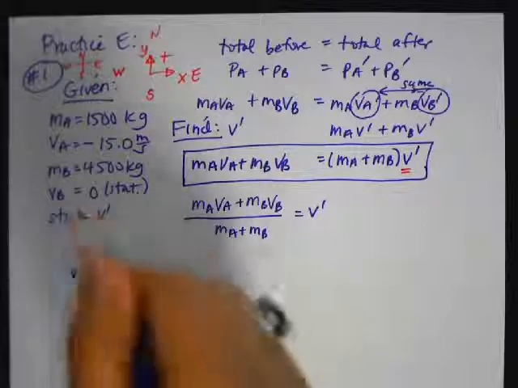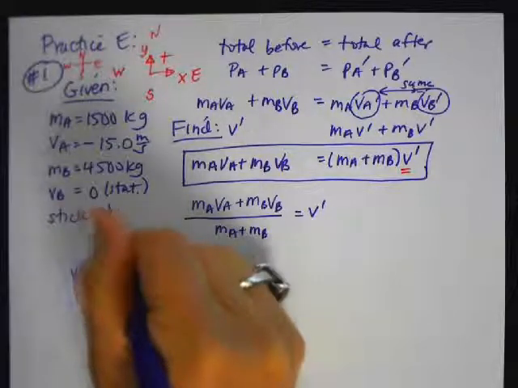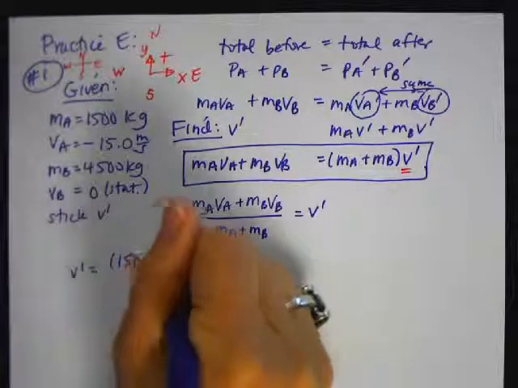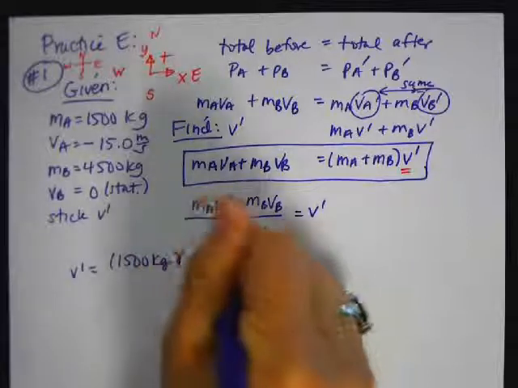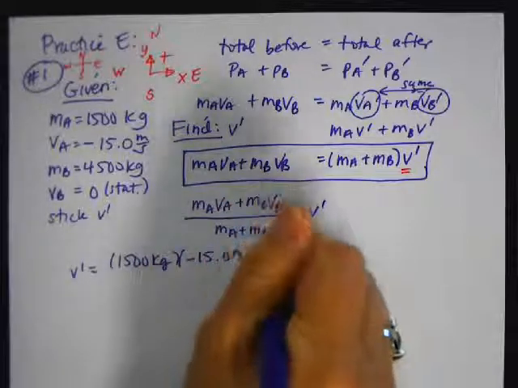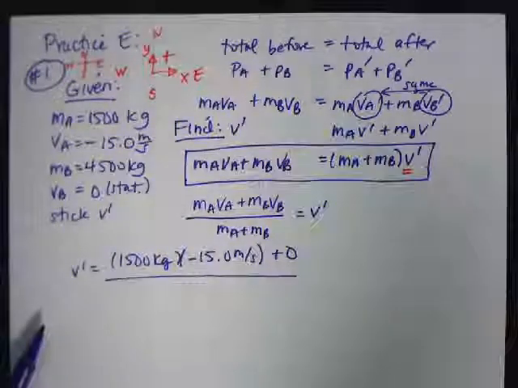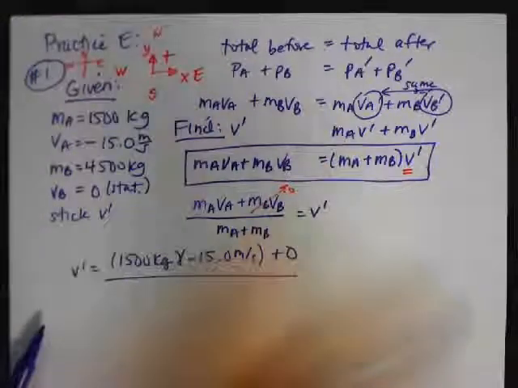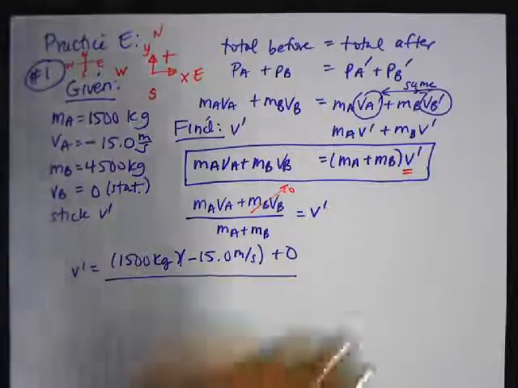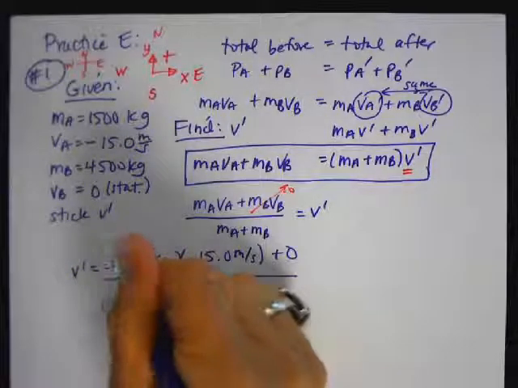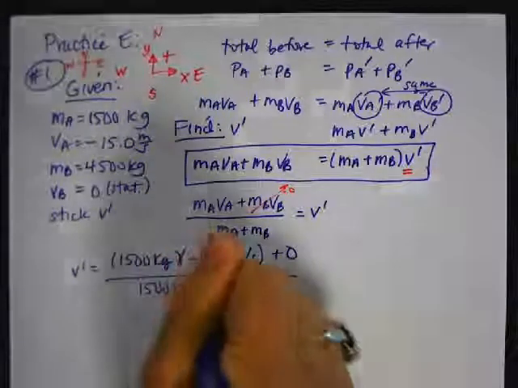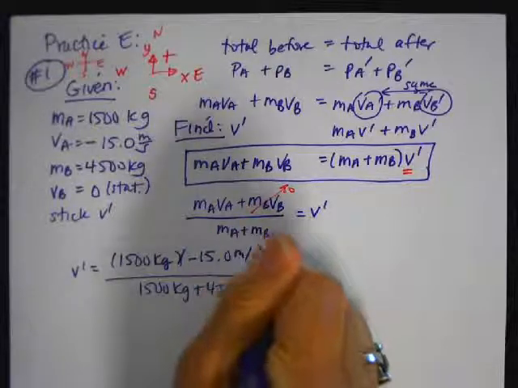So V prime is going to be 1,500 kilograms times negative 15 meters per second plus 0. Because this is stationary, the whole term goes to 0, so I can just get rid of that. Divided by 1,500 plus 4,500.